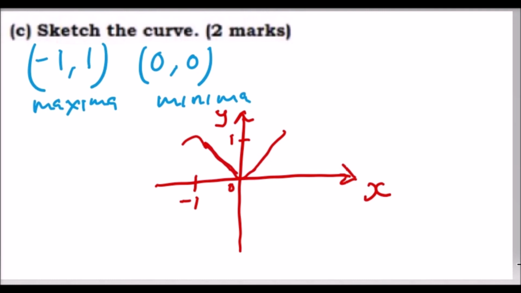So our graph looks like that, and what is expected here is just to show the shape of the function, the graph of the function as a sketch, and there you get yourself 2 marks.